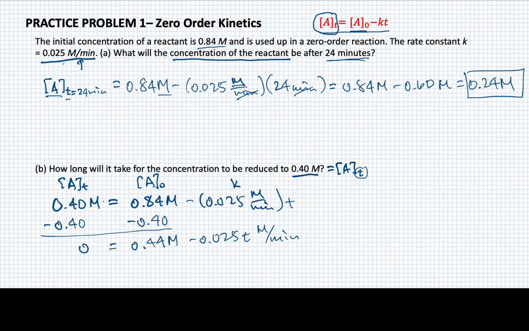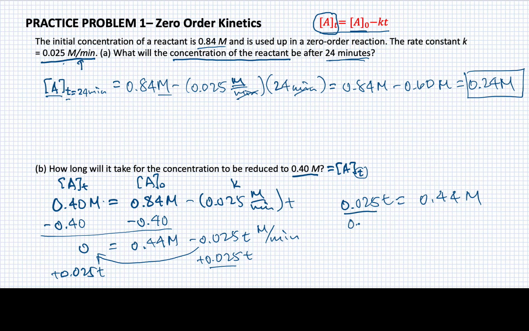Okay, when we rearrange this, we'll bring this over to the other side, by adding this amount to both sides. And then we'll divide through by this coefficient. So in other words, if I have 0.025 t is equal to 0.44 molar, then I'll need to divide by this amount to solve for t.